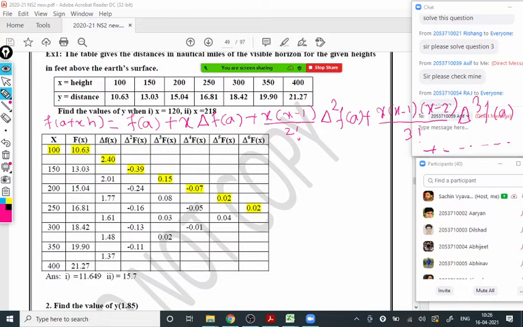Now with the help of this formula, we can find the functional value at 120. Obviously we want the functional value at 120. So what should be the value of a + xh? These are the important steps now.